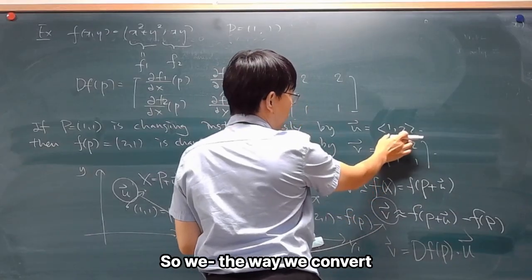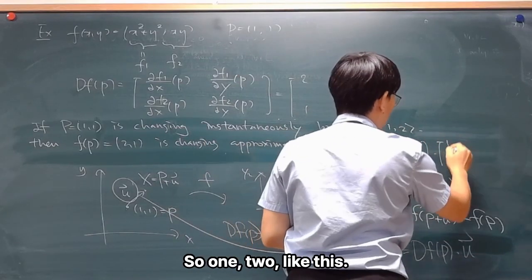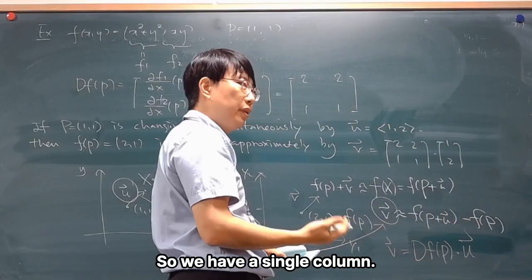The way we convert the vector into a matrix is we always use the column vector: 1, 2, like this, a single column.